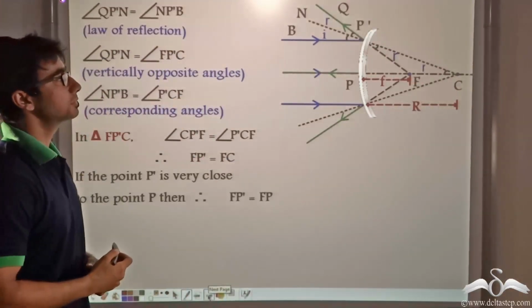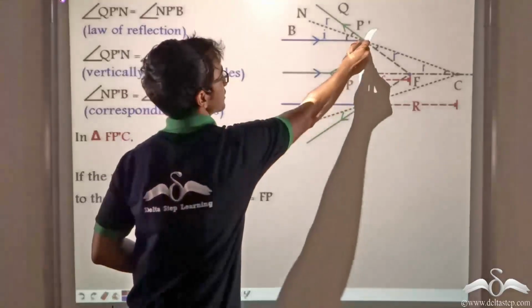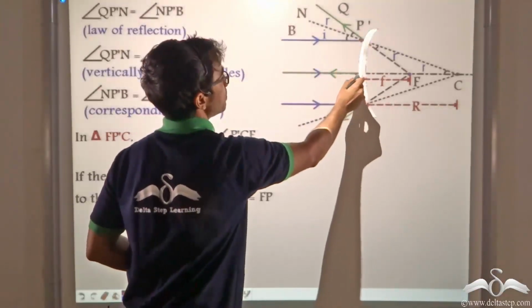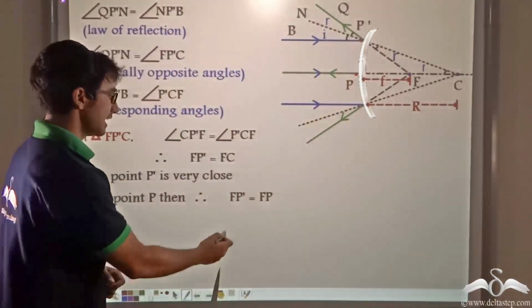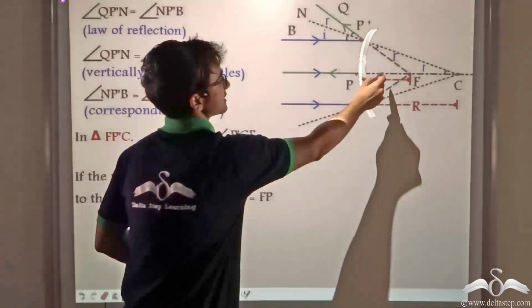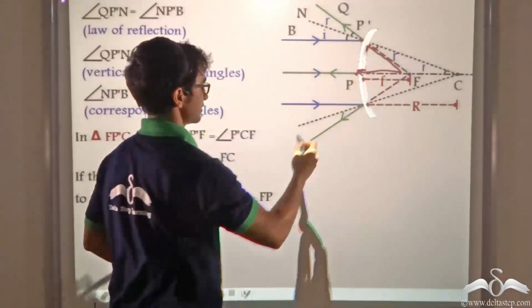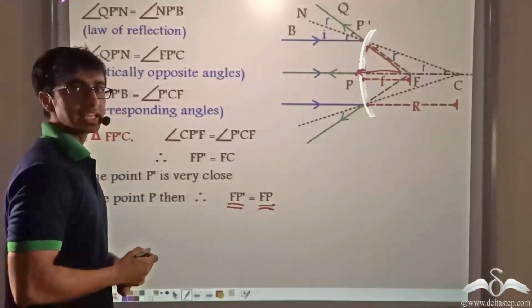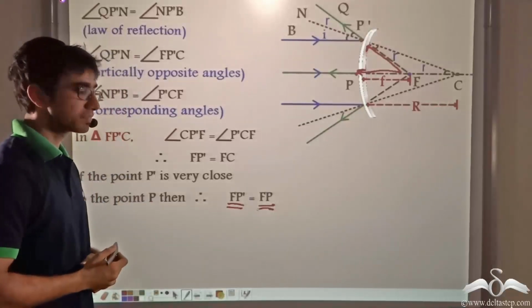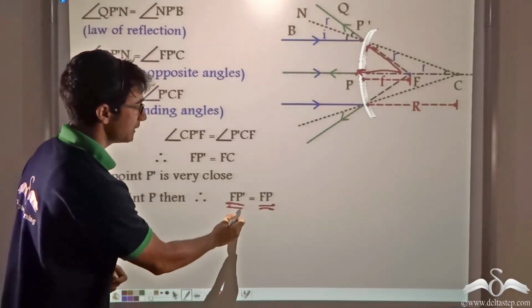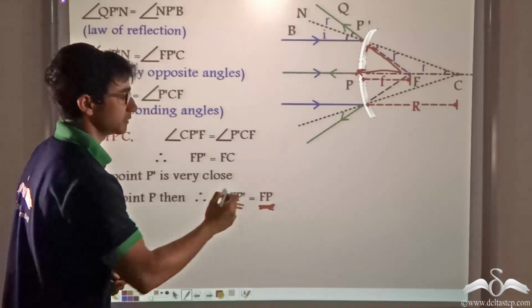Now, if we consider that the point P dashed lies very close to the pole P, then FP dash, that is this length, is equal to this length, that is FP. If P dash is very close to P, we can consider FP dash is equal to FP.